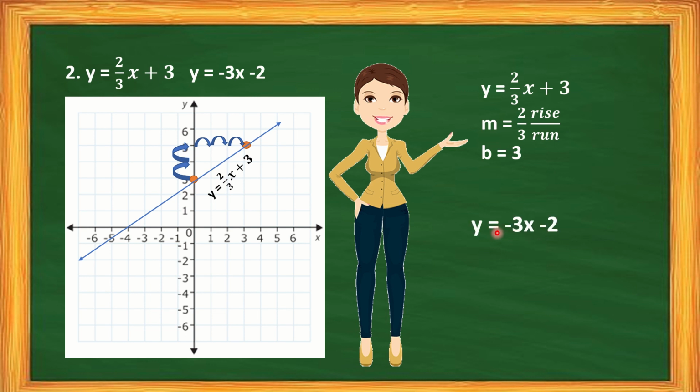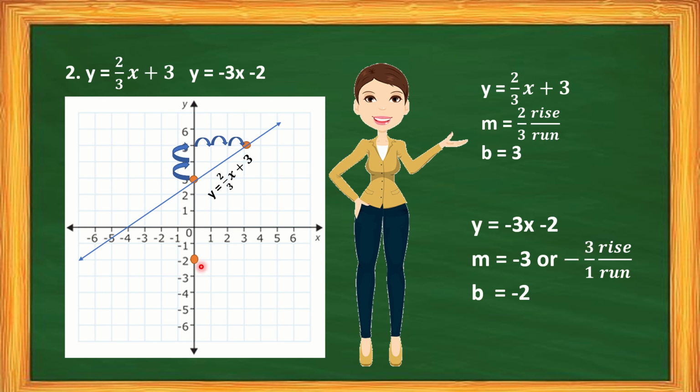Our slope is negative 3, or negative 3 over 1, and our y-intercept is negative 2. So locate first negative 2. Then our slope is negative 3.